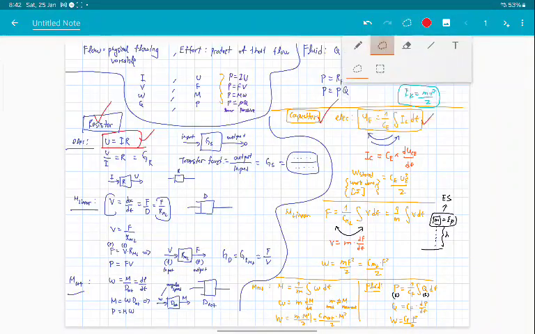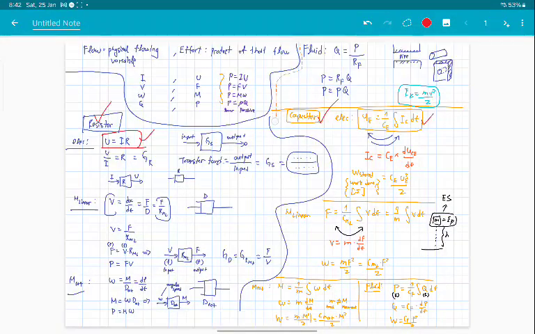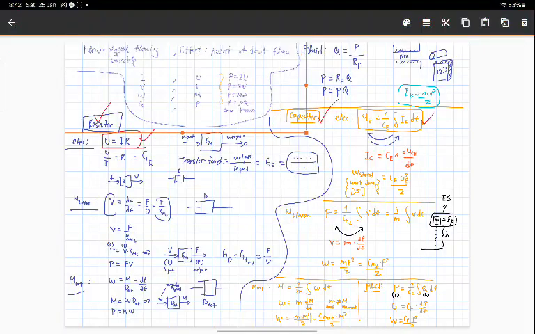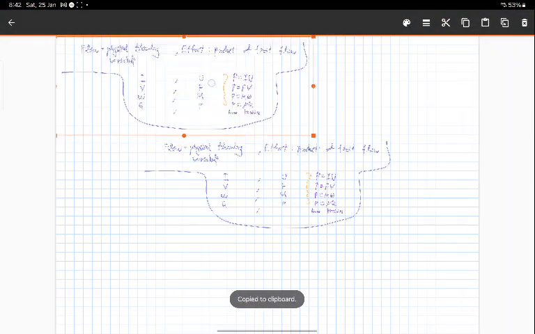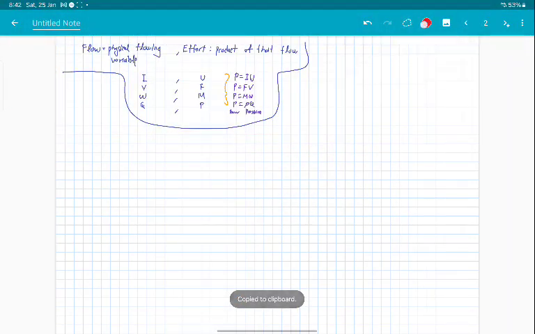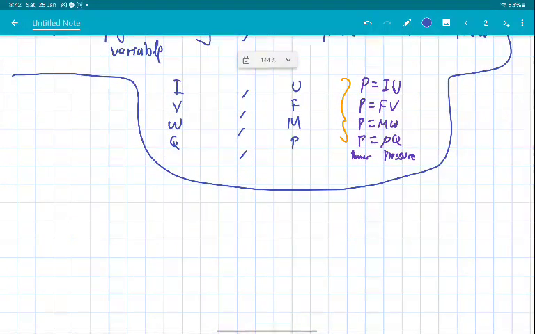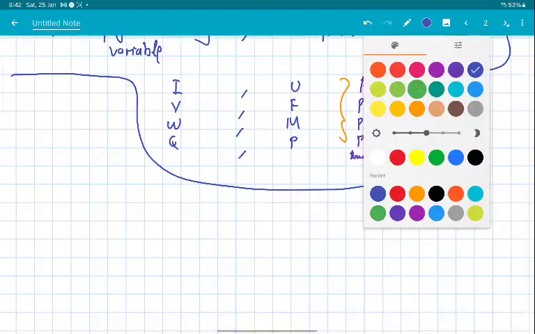Now beyond this, we are also going to work with inductance. So I'm going to copy this. So in inductance, I'll use the color green.